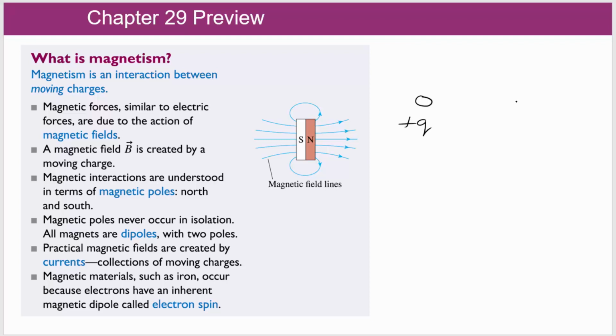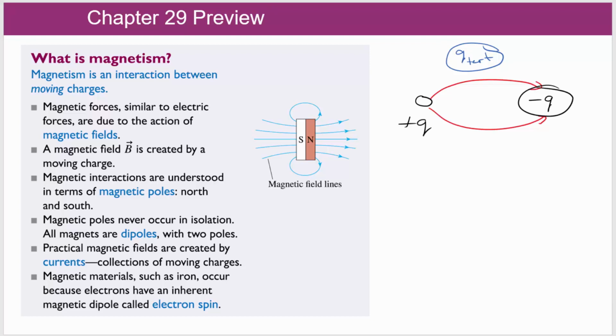If we have plus q here, minus q here, we have the electric field starting from the positive, ending on the negative. Again, we put a positive test charge, call this q test, and the direction of the force that q test experienced would be the direction of the electric field, and therefore at any point on the electric field lines, the tangent to that point would be the electric field vector.